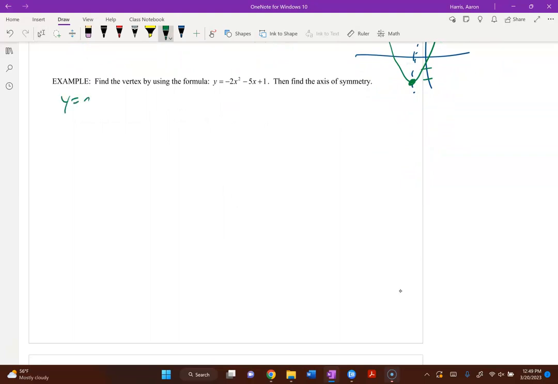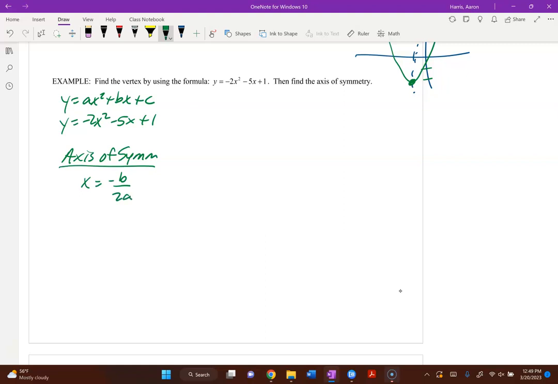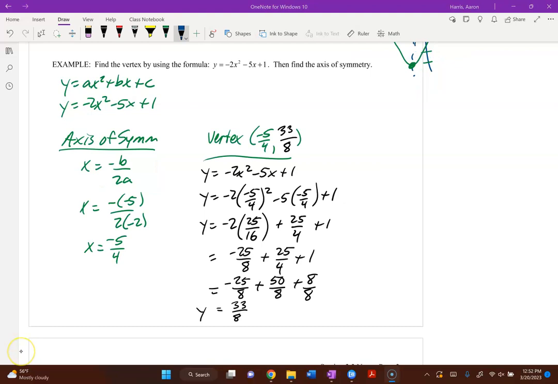So you're given in this form. Go ahead, find the axis of symmetry, which will be the input for your vertex. Just go ahead, check yourself. x equals negative b over 2a. Should get negative 5/4. Plug the negative 5/4 into the original quadratic function. Get the 33/8.